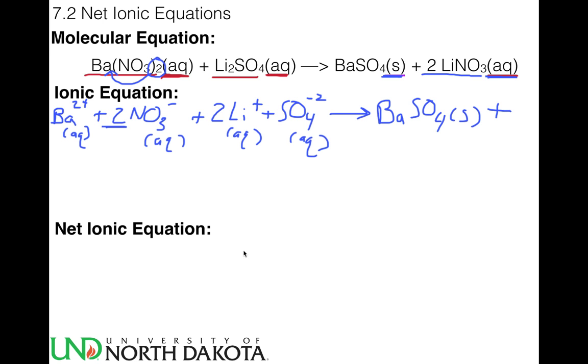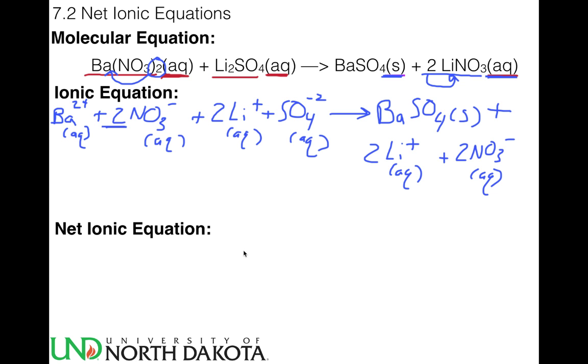There's a coefficient 2 in front of it for balancing. That means that I have 2 aqueous lithium ions, and that 2 also carries over to the 2 nitrate ions, 2NO3- aqueous. So this is our ionic equation. We split all of our aqueous compounds into their ions and left solids, liquids, and gases alone.